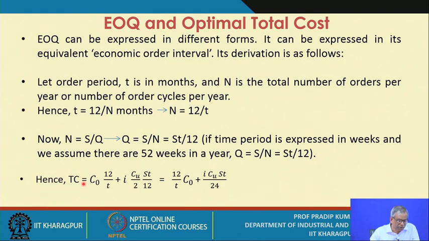So what is the total variable cost expression? TC equals the cost per order times the number of orders per year, that is 12 by T. So it is CO into 12 by T plus the inventory carrying cost, that means I into CU by 2 into Q. What is Q? Q is ST by 12. On simplification, you get the expression 12 by T into CO plus I into CU into S into T by 24.